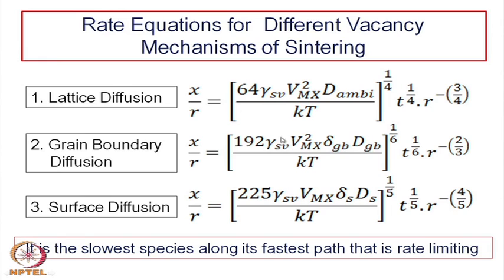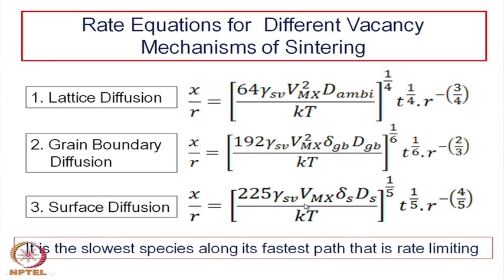But everywhere you have the gamma, the solid vapor surface energy term, everywhere it is there. This term is also there, Vm squared, but here it is only Vm, it is linear, not the square.